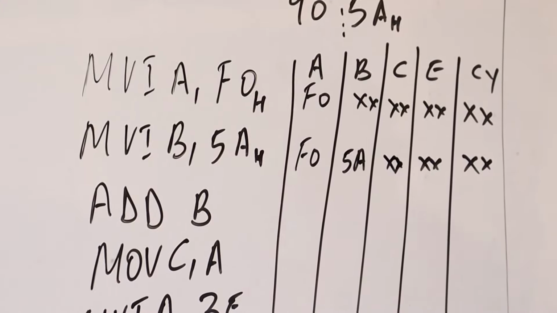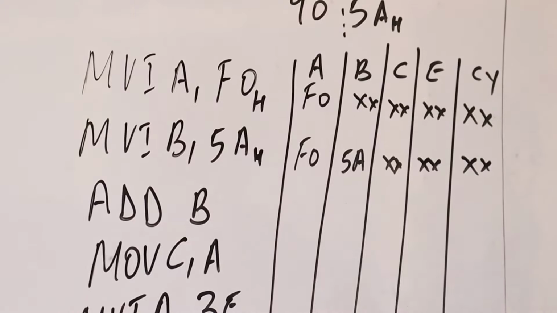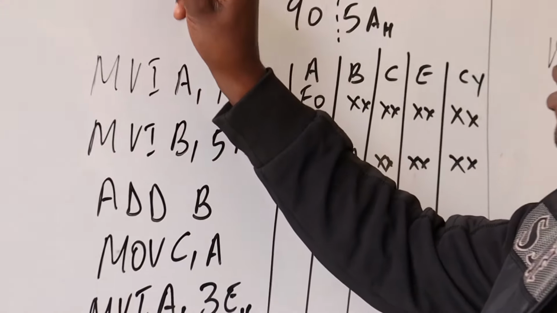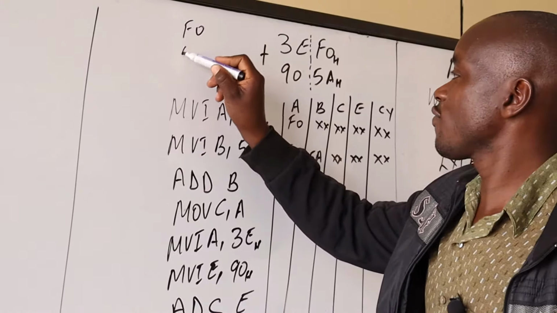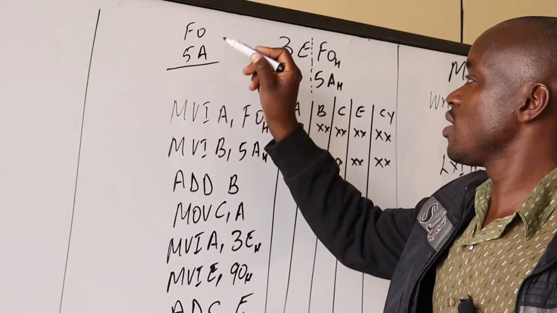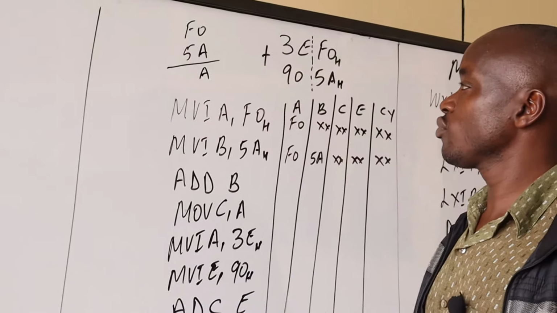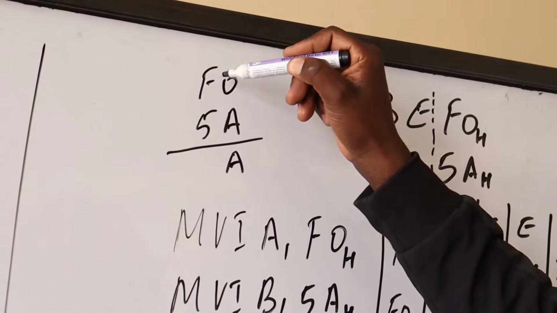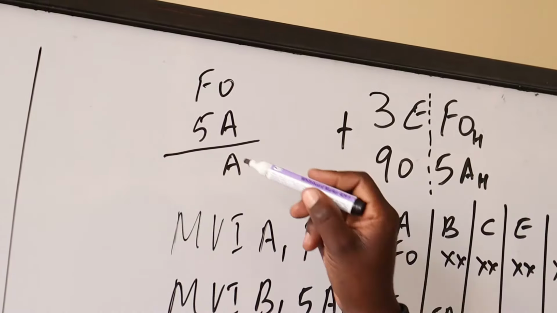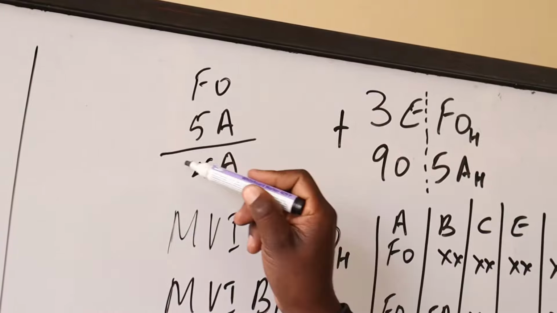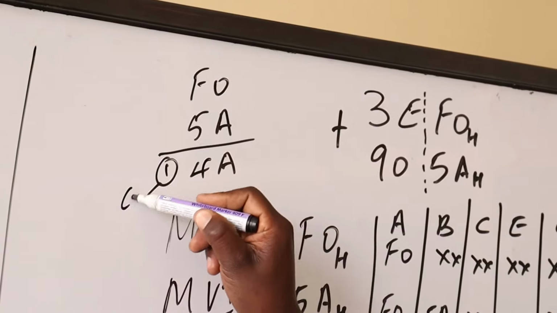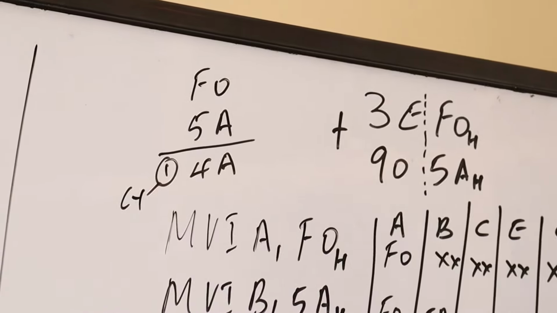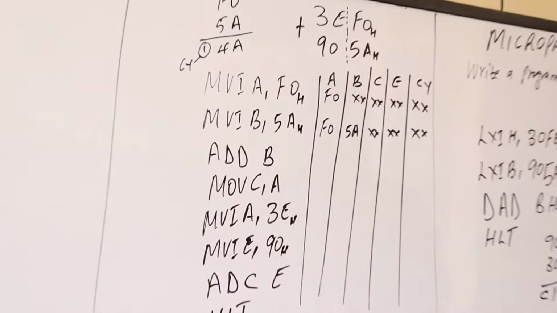Now, the next instruction is add B. What will happen? Add B means whatever is in A, which is F0, plus this 5A. So let us see. This one will be A. 5 plus 15 is 20, minus 16 is 4, carry 1. So this 1 will go to the carry flag. So now we know what is in the carry flag.